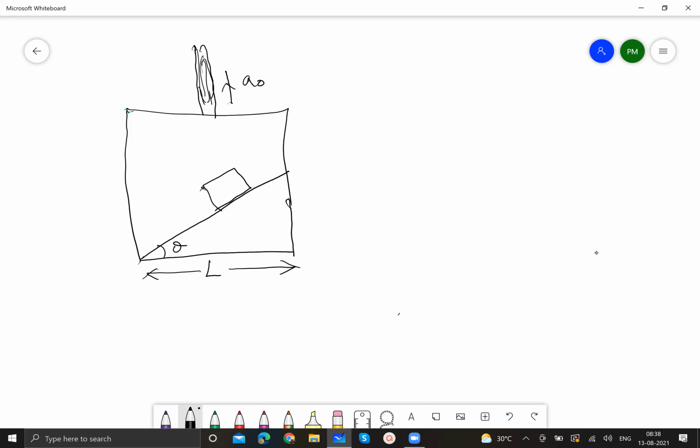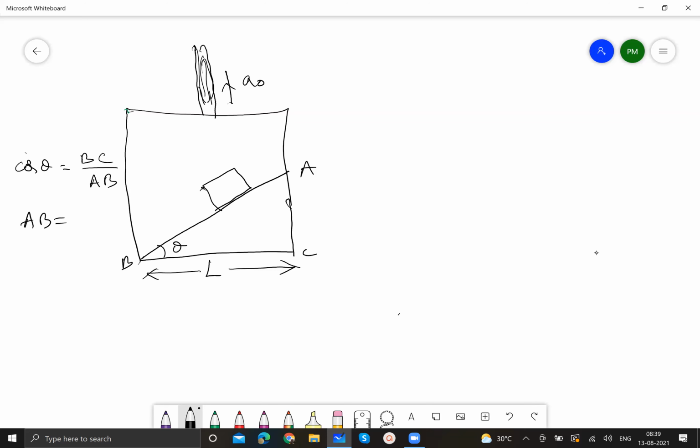So you can call it A, B, C, and from this you can write cos theta will be equal to BC by AB. And AB, we want the length of the inclined plane because that is the displacement.